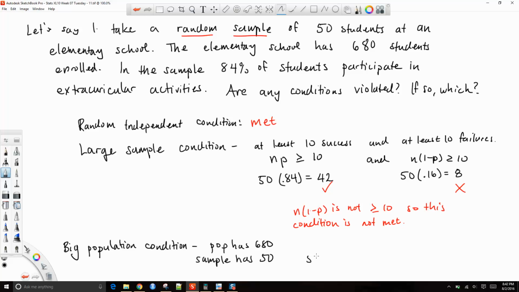Okay, so 50 times 10 is 500. 680 is greater than 500, so our population is big enough. So that condition is met. This is okay? Are there any questions on this?